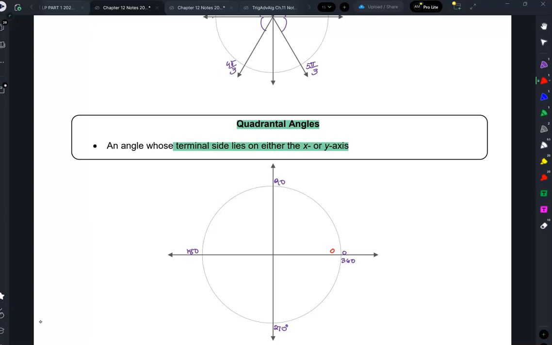In radians, it's 0, pi over 2, pi, 3 pi over 2, and 2 pi. So remember, each quadrant corner is half a pi, half a pi, half a pi, 1 pi, 1 pi, half a pi, 1.5 pi, 2 pi.